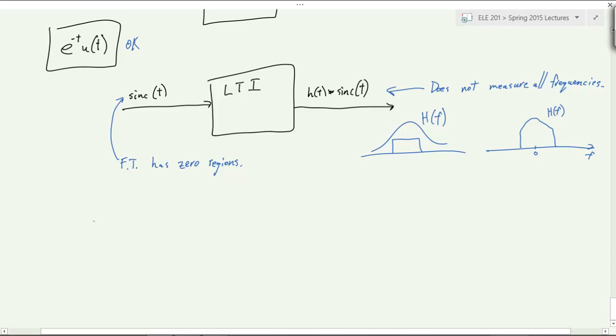We would recover h of t in general by doing the inverse Fourier transform of h of f, which equals the inverse Fourier transform of the output that we measured over the input, which we knew because we put it in. So that should not be zero.